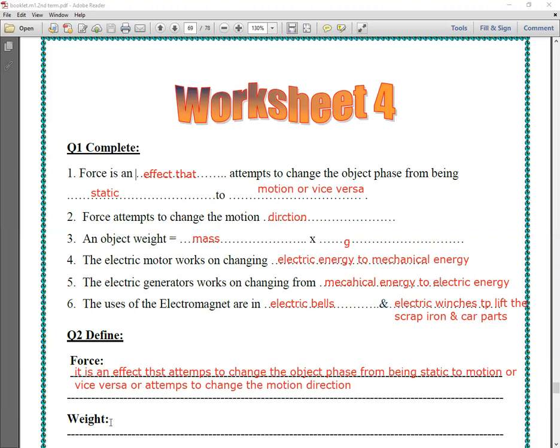Weight is the ability of the Earth to attract objects towards its center.